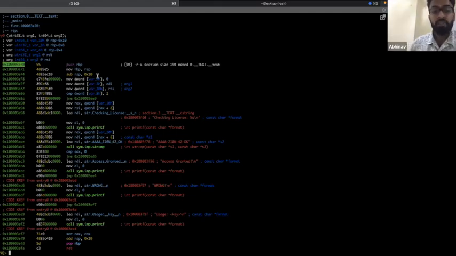Now, after the variables have been initialized, what is happening next? You can see there is a compare dword var_8h, 2. So it is checking the number of arguments, because the first one is 8h and then it is 10h. These are subsequent locations in the stack, one after the other.